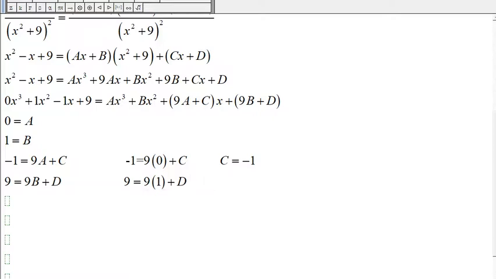So we have 9 minus 9 equal to d, and so d must be 0.